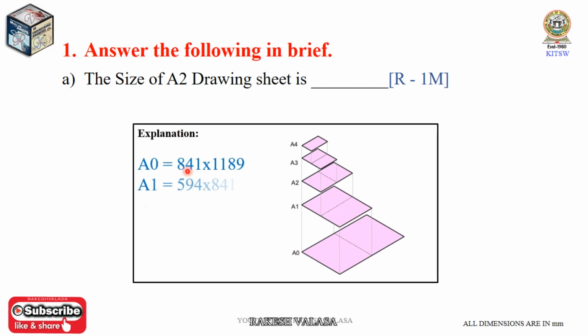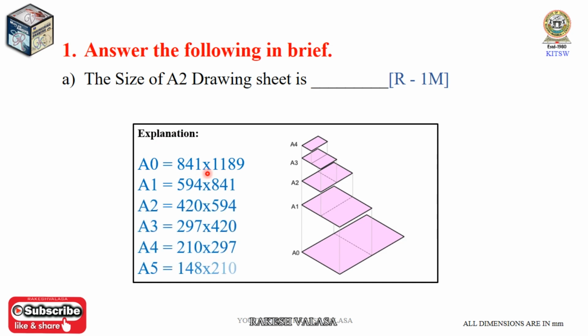A0 drawing sheet is 841 into 1189 mm. If you fold A0, you get A1 sheet, that is 1189 by 2, that is 594 into 841 mm.